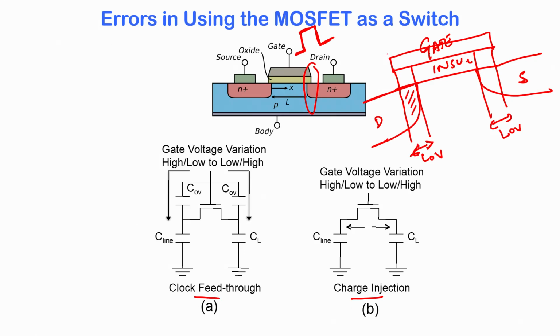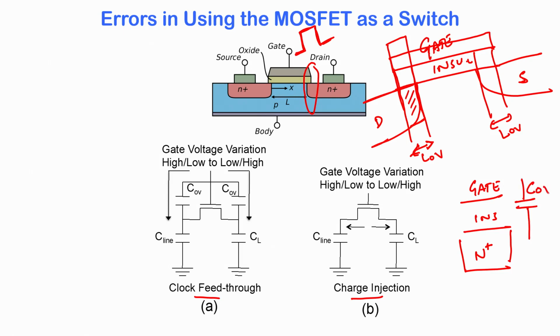So, let us look at the cross section under this overlap. What do we have? We have the gate metal, an insulator and a heavily doped drain electrode, which is essentially a parallel plate capacitor. So, essentially you have a capacitor which we will call the overlap capacitor. And what is the capacitance of this overlap capacitor?